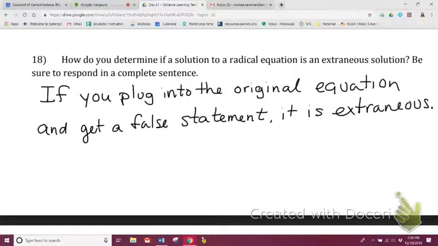So extraneous, I think of the word extra. It's an extra answer that doesn't work.